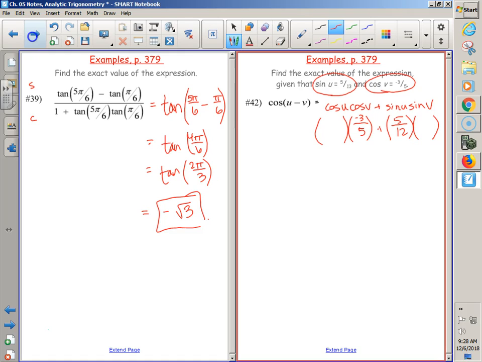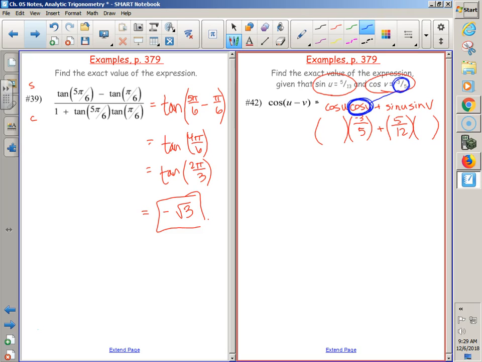I need you to make a really important rule. With a different colored pen, the entire, believe me, I've been doing this long enough. Do you see that? No more cosine. You know what the cosine is. Negative 3/5. Cosine of v out.